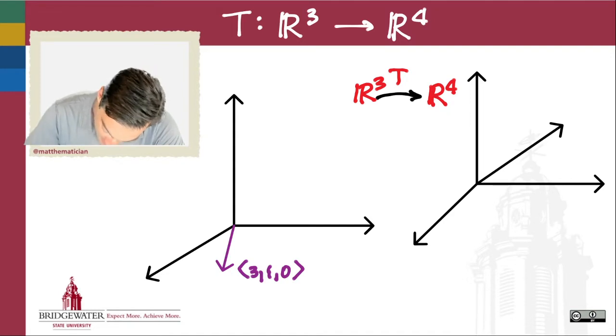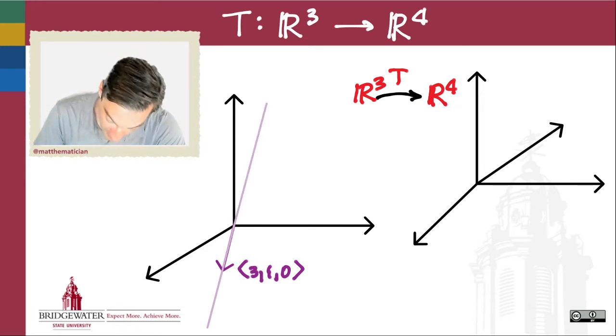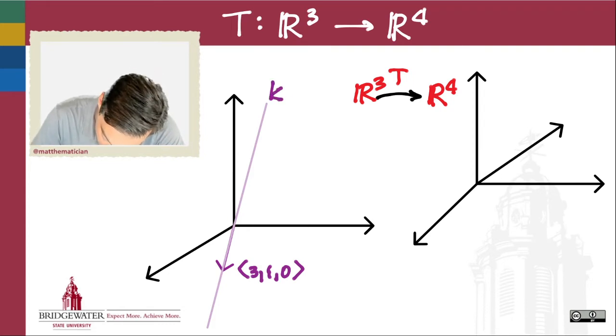The span of that vector, in this example at least, is a whole line's worth of points, all of which lie in the xy plane. That line is what we would call the kernel of my linear transformation.